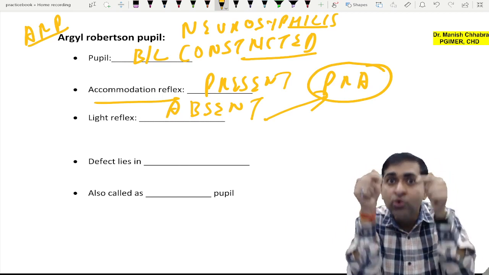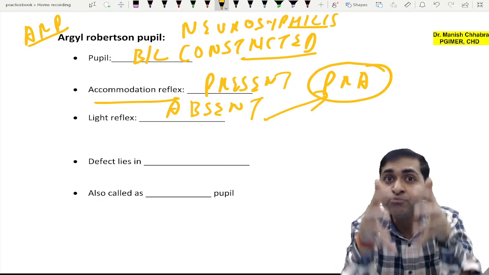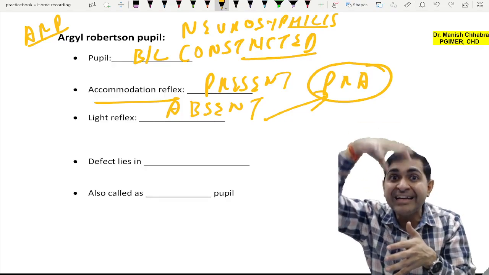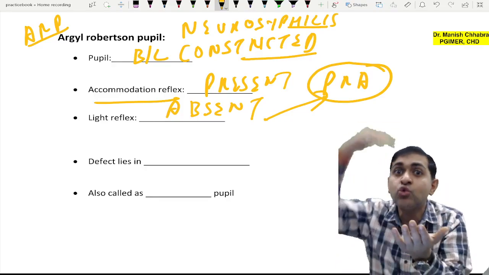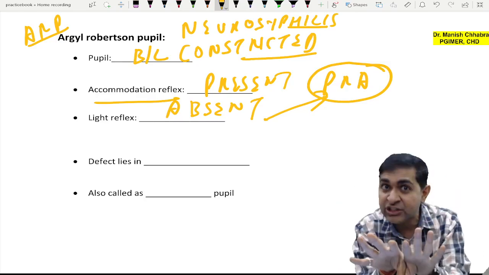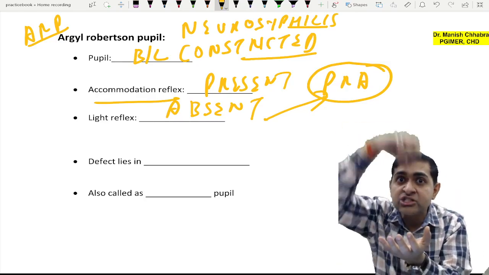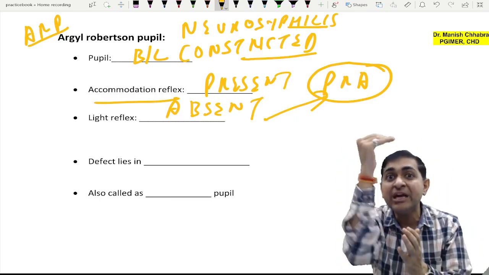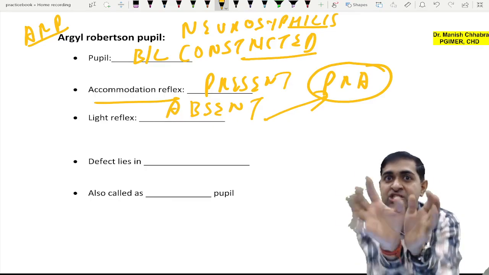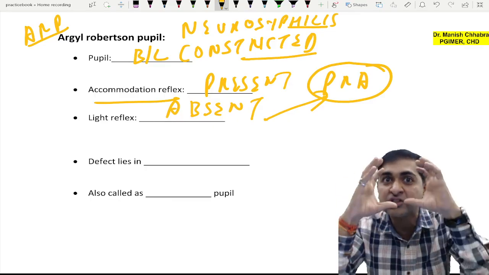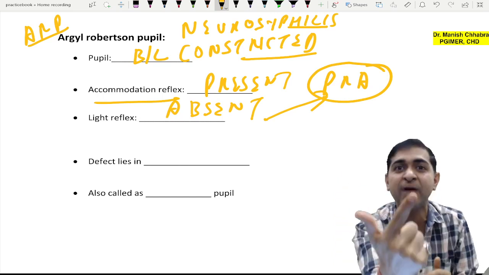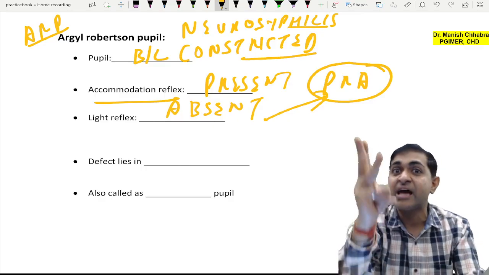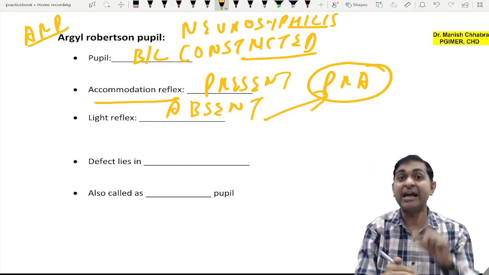Now in neurosyphilis or in Argyll Robertson pupil, the pathology lies even in the supranuclear adrenergic system, which has the function to inhibit the parasympathetic action, and this pathway gets damaged. So it is no more able to inhibit the parasympathetic system, but you know the parasympathetic system causes constriction of the pupil. That is why there is bilateral constricted pupil which has light reflex absent, accommodation reflex present.